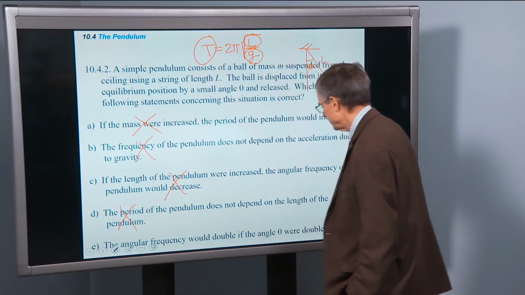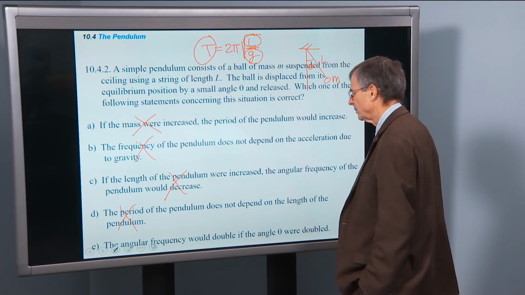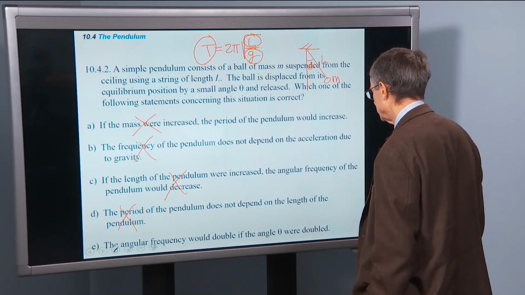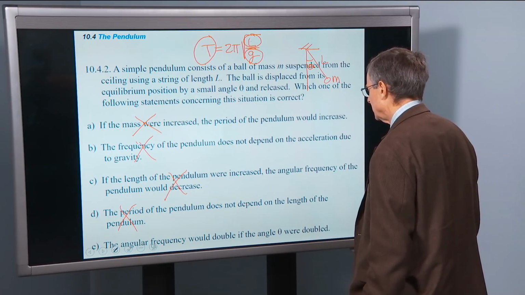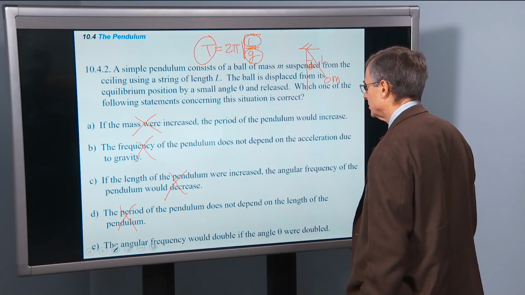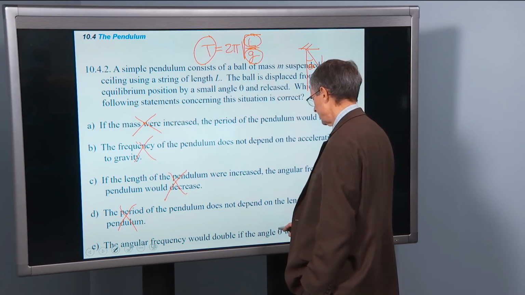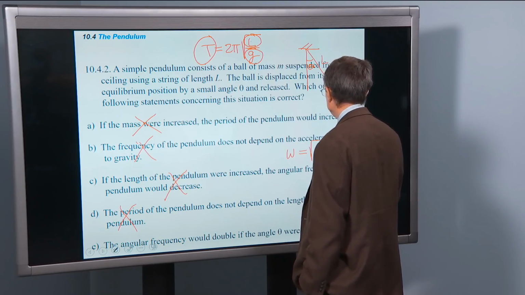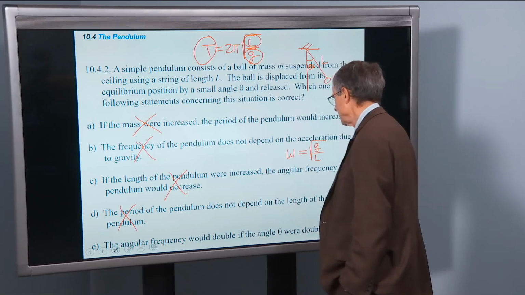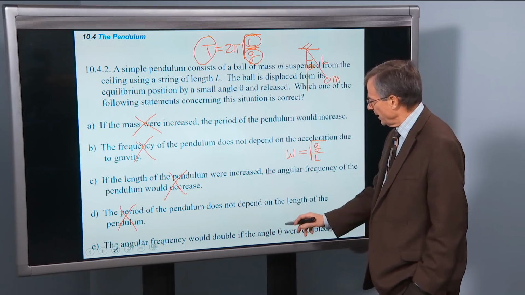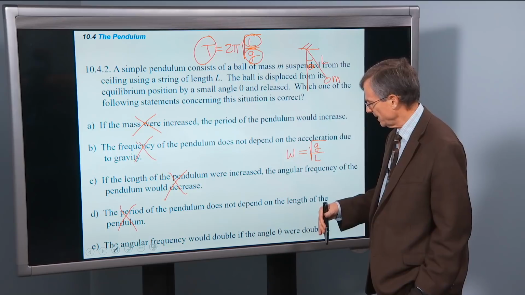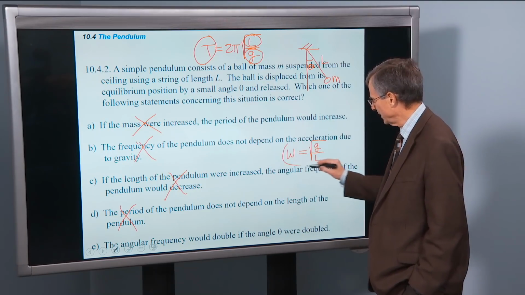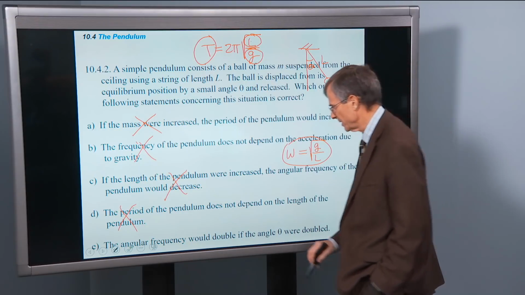The angular frequency would double if the angle theta were doubled. That's also not true. The angle theta is the amplitude, and this angular frequency doesn't depend on the amplitude, so that's not true.